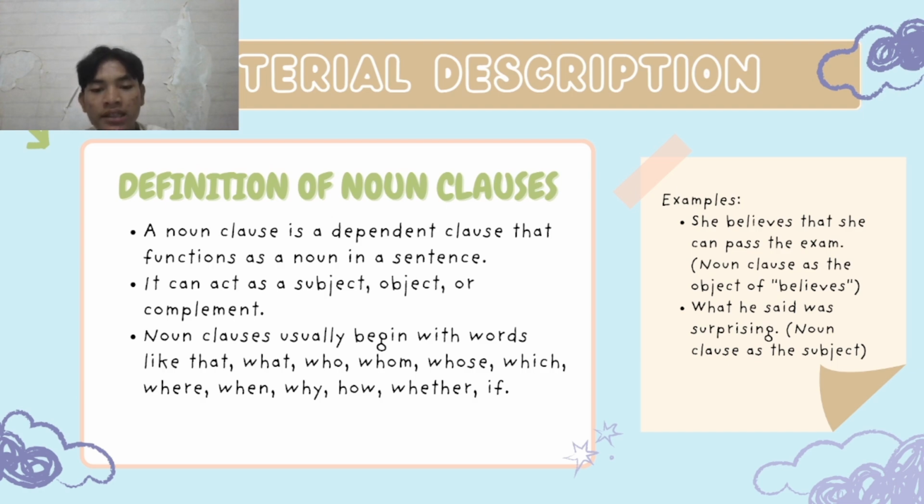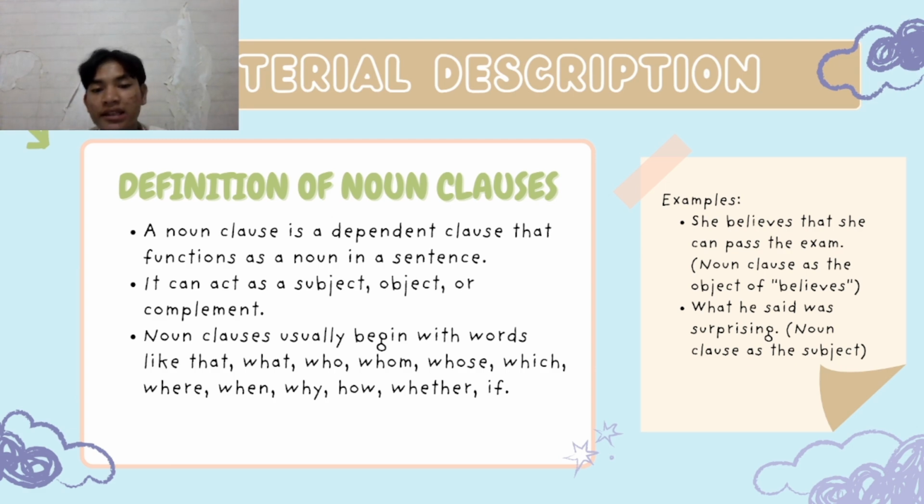It functions as the answer to that question, so it acts as the object of the verb "believes." Rule: a noun clause is acting as an object when it completes or receives the action of the verb.